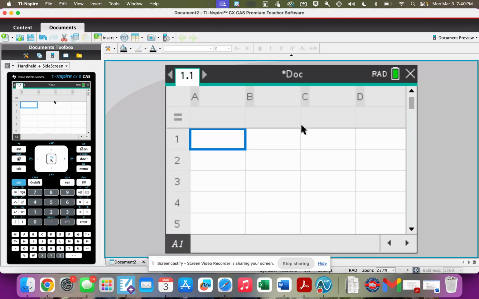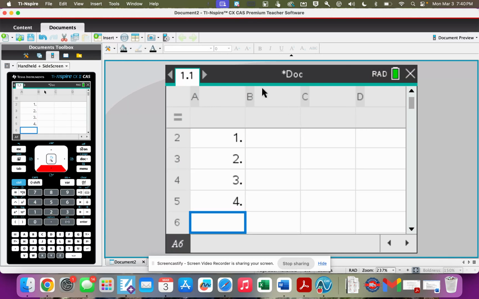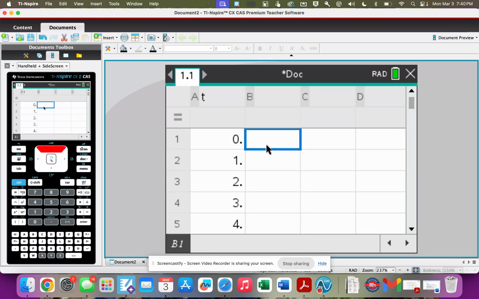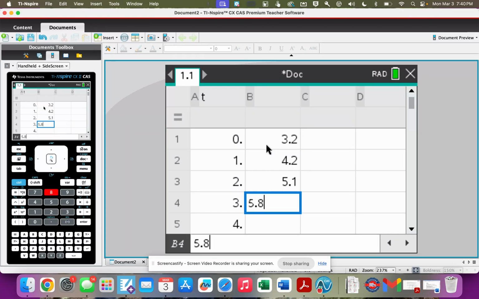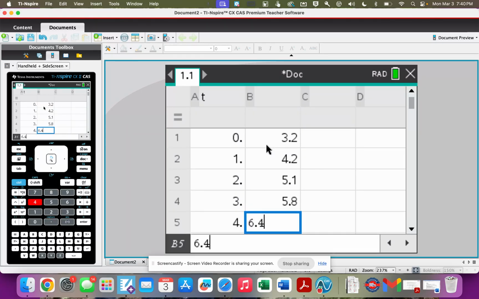My x values, or the t in this case, are 0, 1, 2, 3, 4. And again, I can call it t, I can call it x. If it makes you feel better, you can just call it whatever it calls in the example. All right, so the output values are 3.2, 4.2, 5.1, 5.8, 6.4.